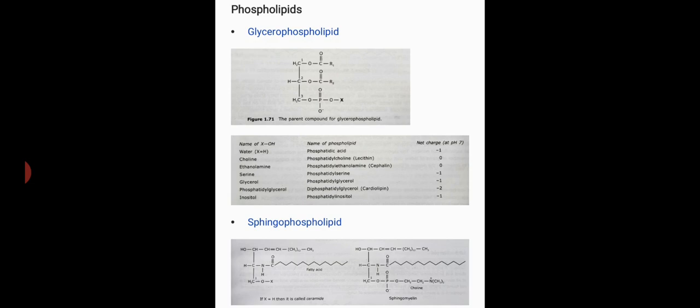The addition of a phosphorylated alcohol to the carbon 1 position of sphingosine leads to a variety of sphingophospholipids. For example, sphingomyelin, in which a phosphocholine group is attached to the carbon 1 hydroxyl. Sphingomyelins are the major constituent in the nervous tissue of higher animals.